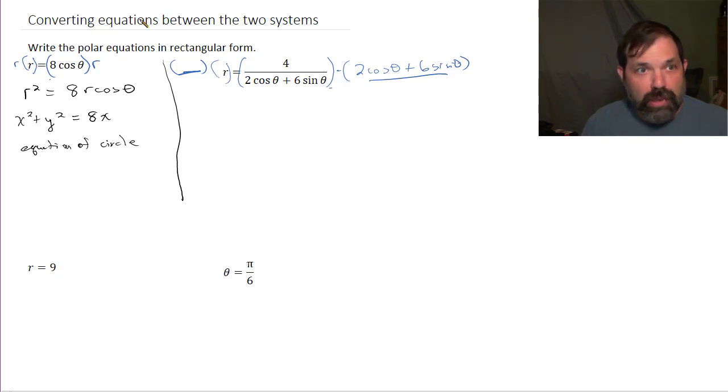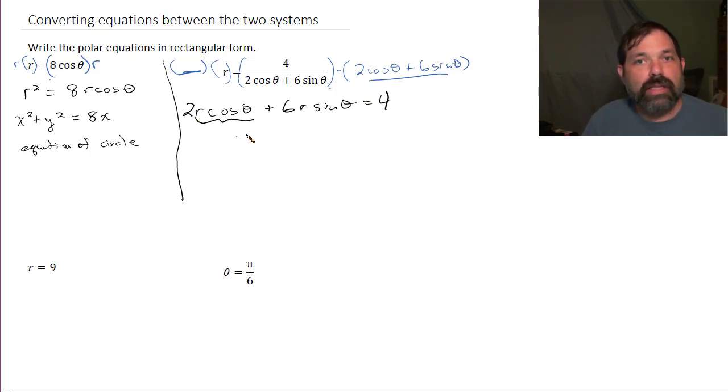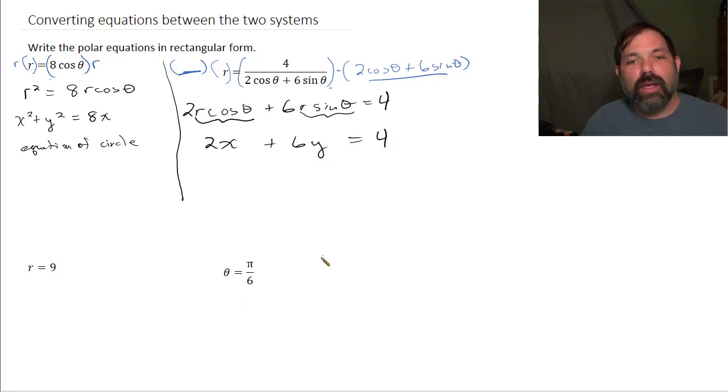Distributive property. Then I'd have 2r cosine theta plus 6r sine theta equals 4. r cosine theta, that's x. 2x. r sine theta, that's y. Plus 6y equals 4. An equation of a line.